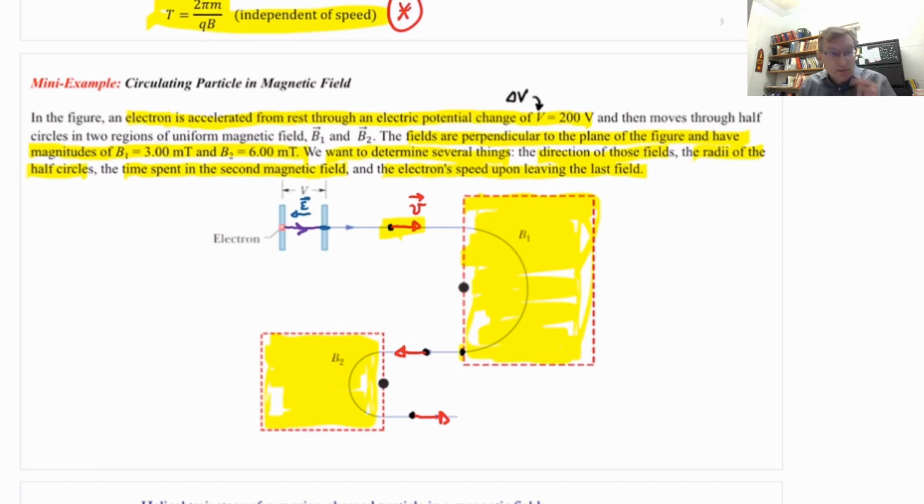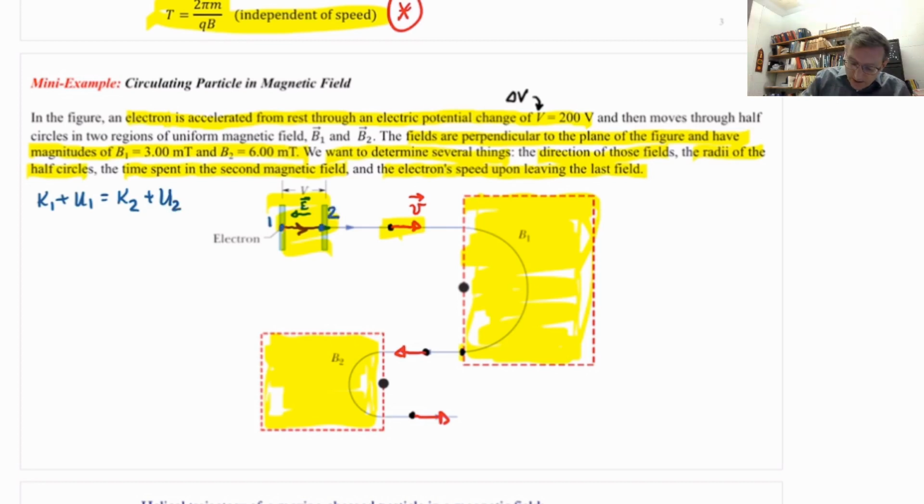We'll see that the electric force on the electron, I'm talking about when it's in this region here, between these plates, that's really just a parallel plate capacitor. The only force doing any work is the electric force, which is conservative. So K1 plus U electric 1 must equal K2 plus U electric 2, where there's point 1 and point 2.